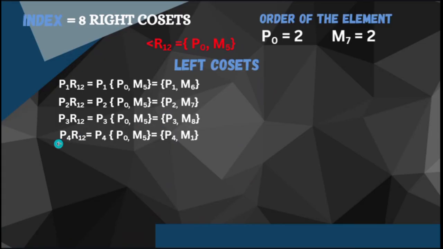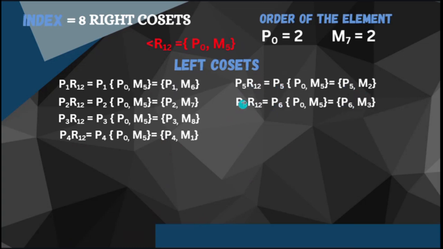For rho sub 4 multiplied by R sub 12, we have rho sub 4 and mu sub 1. For rho sub 5 multiplied by R sub 12, we have rho sub 5 and mu sub 2. For rho sub 6 multiplied by R sub 12, we have rho sub 6 and mu sub 3. For rho sub 7 multiplied by R sub 12, we have rho sub 7 and mu sub 4.